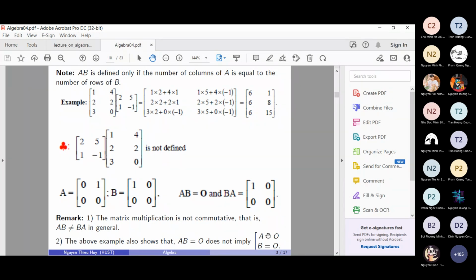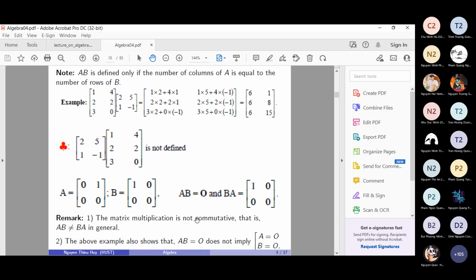It's not commutative, and the product of two matrices being the zero matrix doesn't imply that one of them is the zero matrix. It's different from numbers. If you have a product of two numbers which is zero, then one of the two numbers has to be zero.